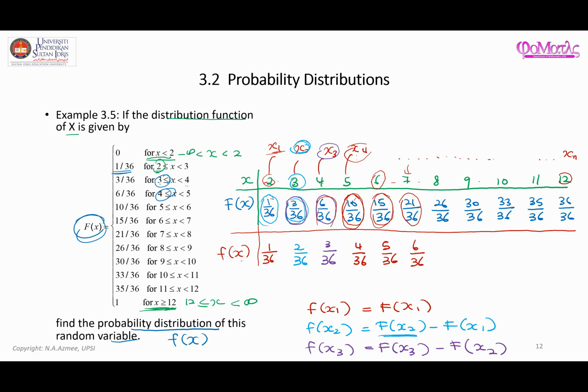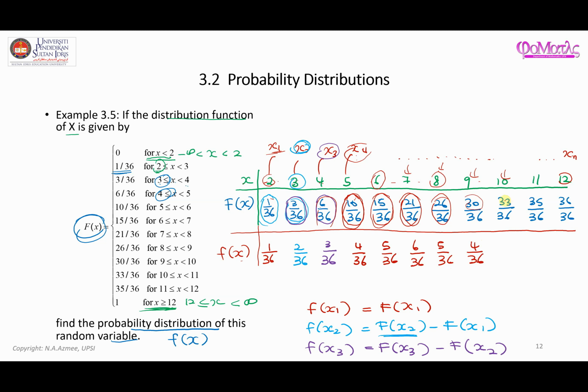For this one, we're going to get 5 over 36. 30 minus 26 is going to be 4 over 36. 33 minus 30 is 3 over 36.